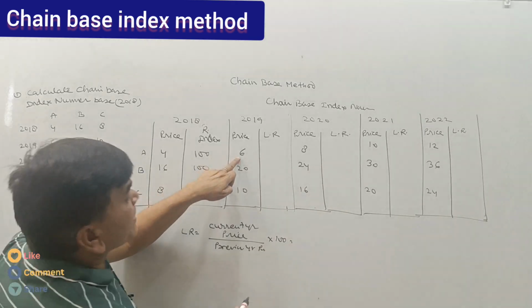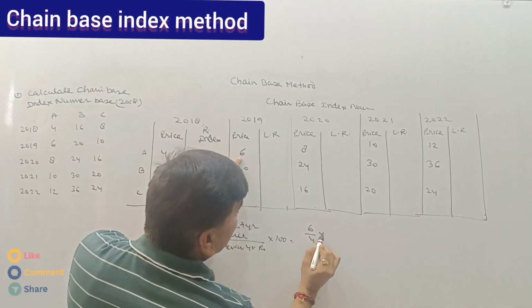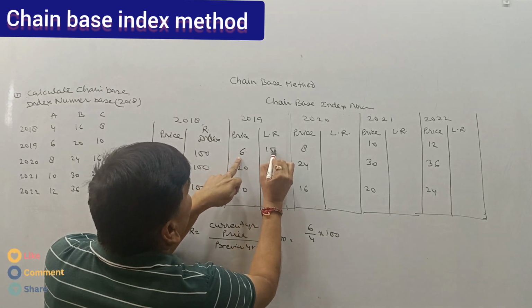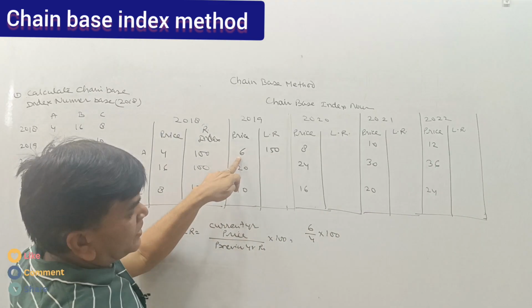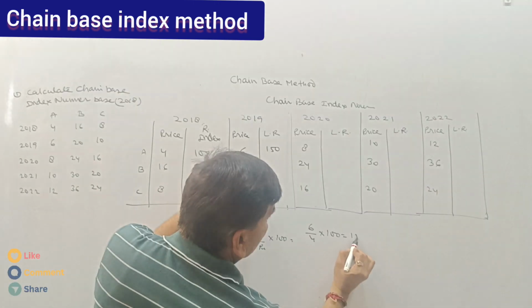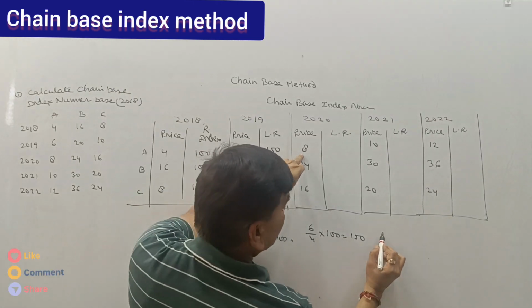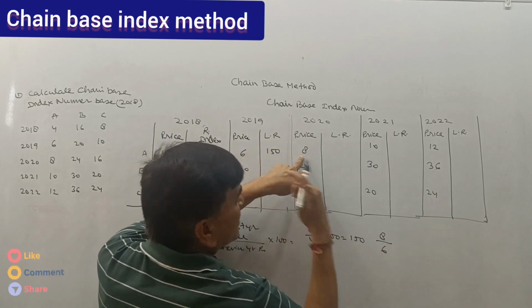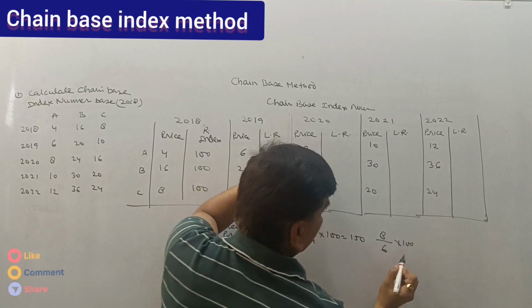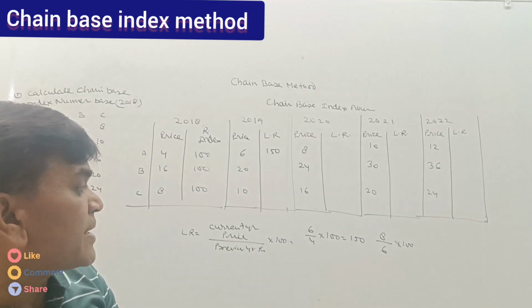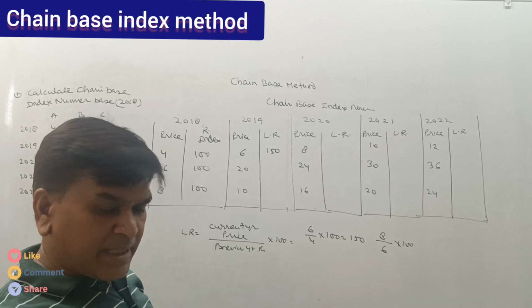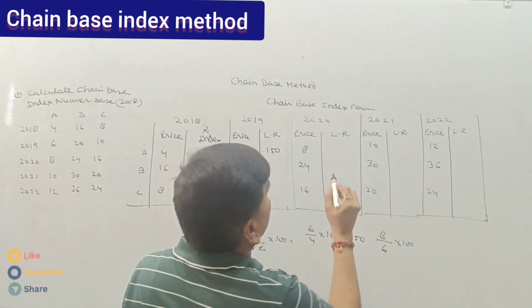For that, 6 divided by 4 multiplied by 100, so that will be 150. Is it okay? Now for the next year, 8 is the current year price and the previous year price is 6, multiplied by 100. So 8 divided by 6 gives 133.33.